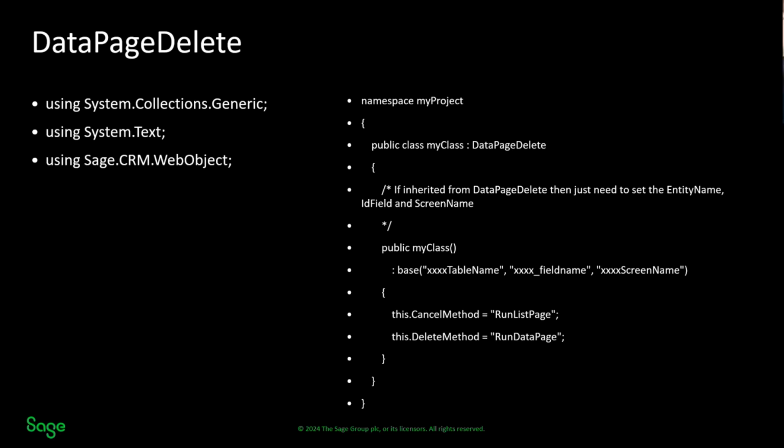We know when we come to deleting, we can provide information around the unique identifier, the table, the screen that we're using for the delete process. What we typically have to think about is what happens after the delete.